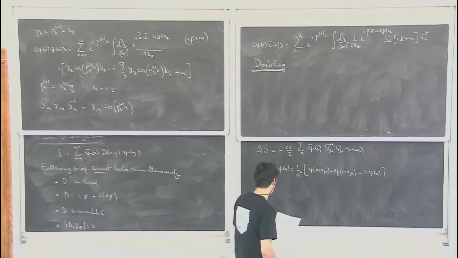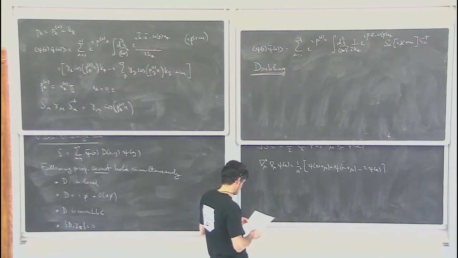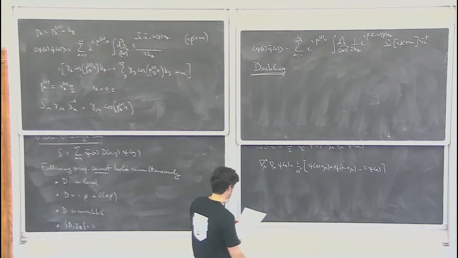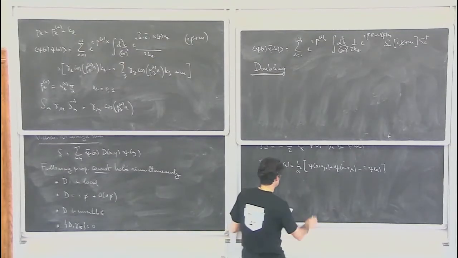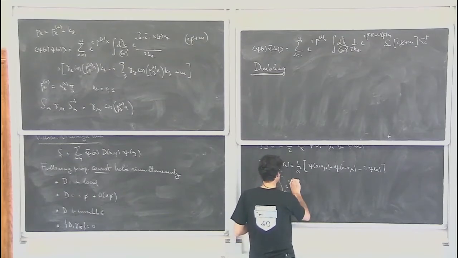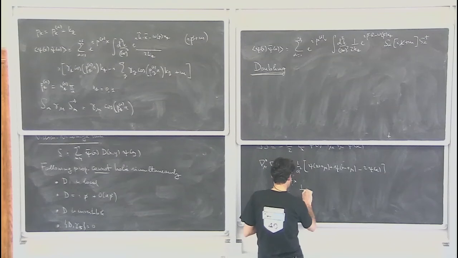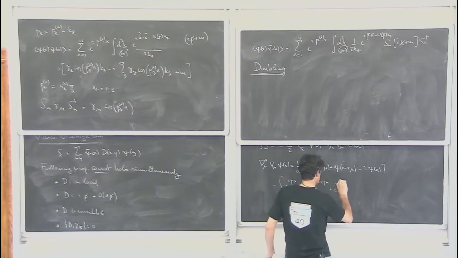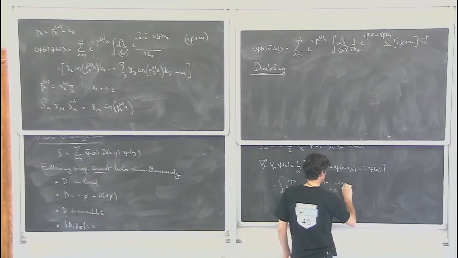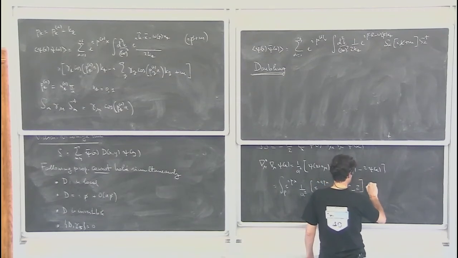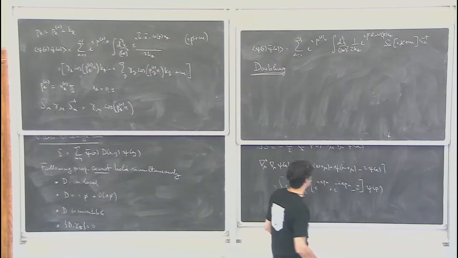Okay. And so when we write this in momentum space, it looks like the integral over p e to the i p dot x, and then 1 over a squared, e to the i a p mu plus e to the minus i a p mu minus 2, times psi of p. Like this.